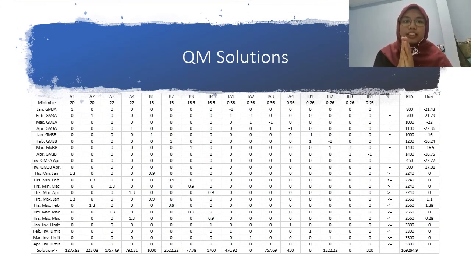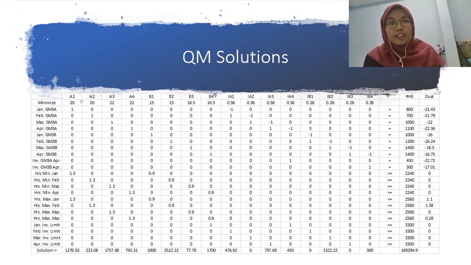After we know the objective function and also the constraints, we key in the values into QM for Windows to analyze the results. From the results, we know the optimal solutions for each variable.